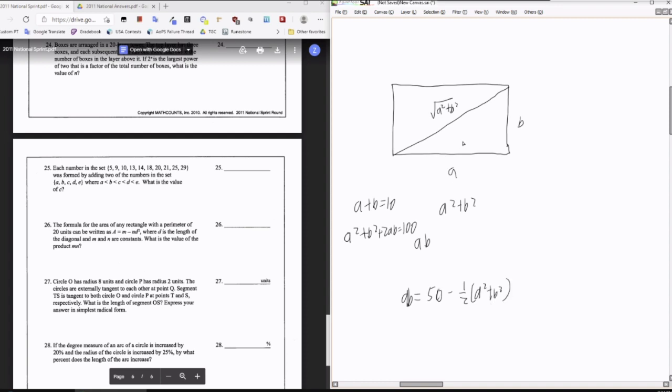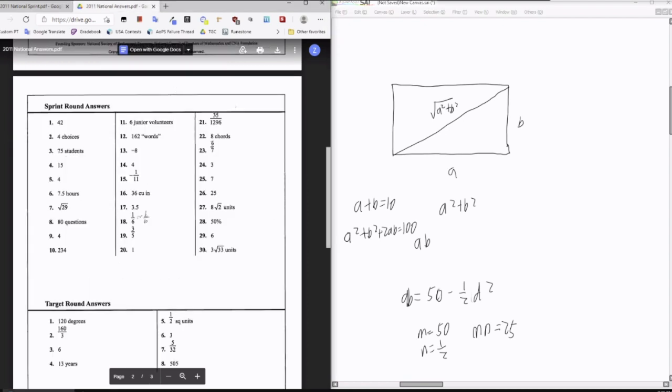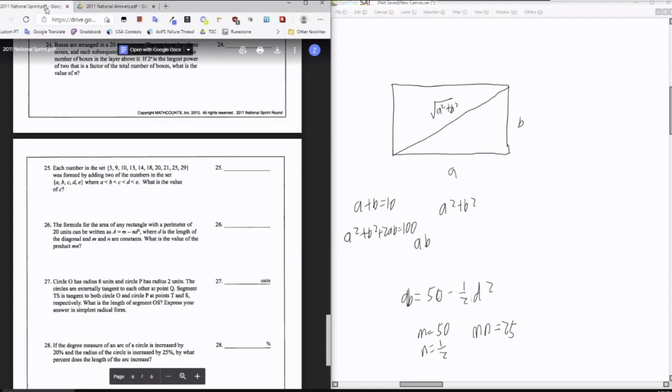And A squared plus B squared is just D squared, right? So we can rewrite this as D squared. So now we basically have our answer. M is equal to 50 and N is equal to 1 half. So if we multiply these two, mn is equal to 25. And yep, that's the right answer, 25.